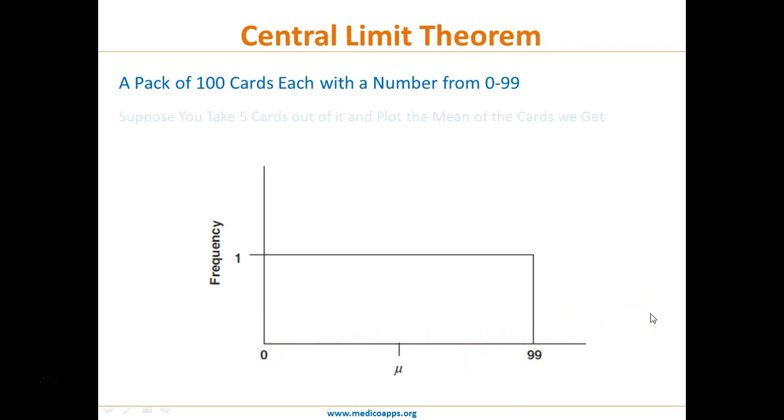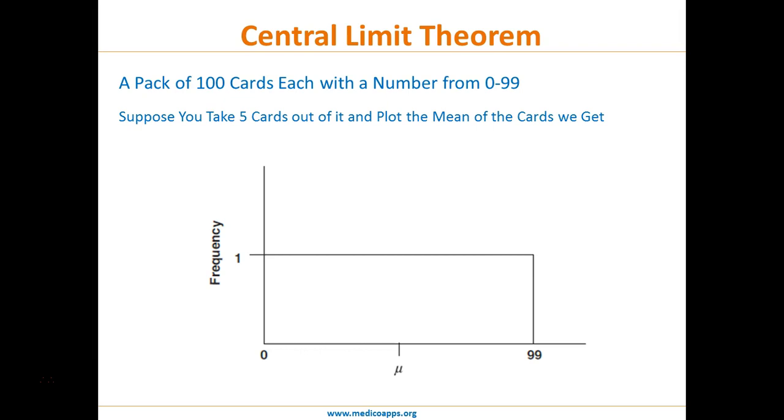Now what we do is we take a pack of 5 cards out of it and calculate the mean and plot the mean which we get. So there are 100 cards, we pick randomly 5 cards and we add the numbers given on the card and take out the mean. So let's say the first card is 2 plus 3 plus 4 plus 5 plus 6.